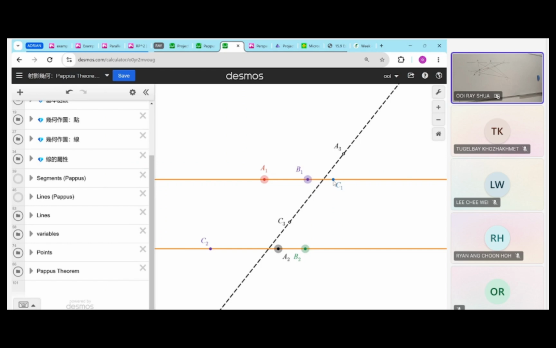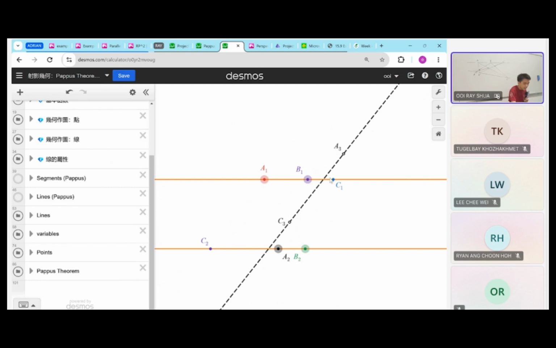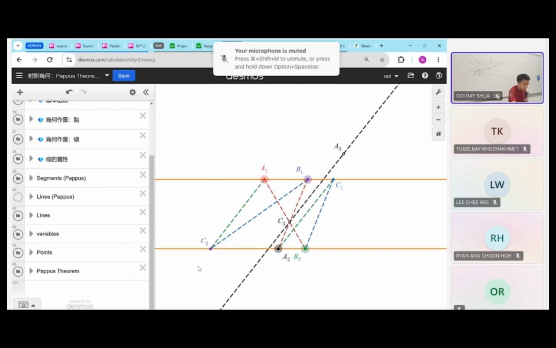So what does that mean? That means they probably don't have an intersection point, correct? Because that's the definition of parallel lines, right? They don't intersect. But one interesting thing, okay, these two points are still okay, right? They can form a line. As you can verify just now, A1, C2 and A, C1, A2 are still parallel.